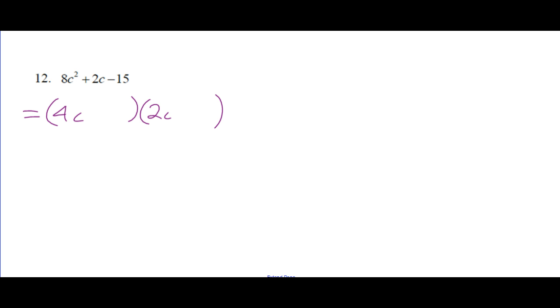That's a guess. Okay, 15, probably 5 and 3, right? So let's put the 3 there because I'll get a 12, and the 5 there because I'll get a 10. And I want the difference between 12 and 10, right? But I want the 12 to be positive. So there you go. That's the factored form, right? You can check it.